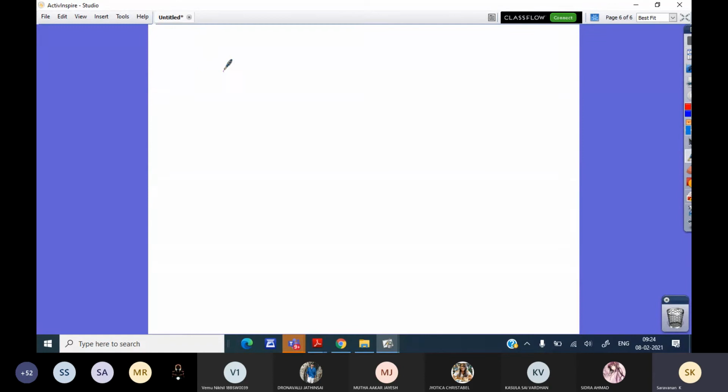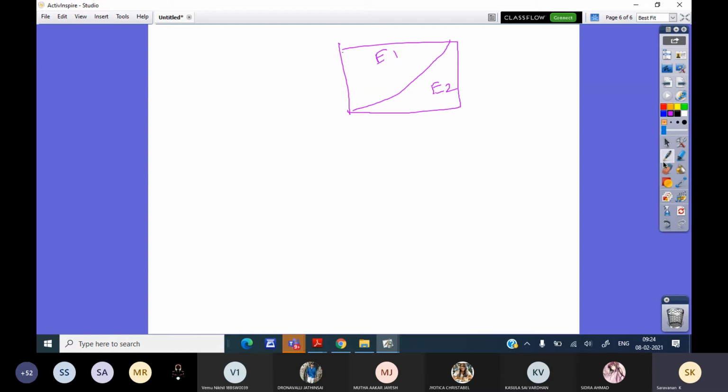So suppose I have again the same experiment, E1, E2. This one I am going to divide. I am dividing E1 into 2 sub-events.